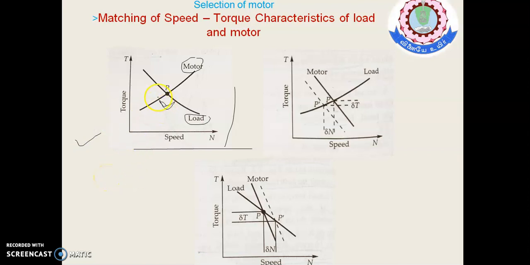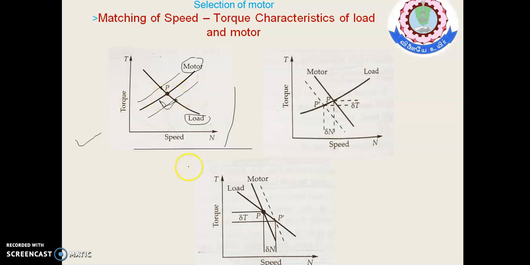Why should this be 90 degrees? Suppose you imagine the motor characteristics slightly vary because of a voltage problem. What will happen? The motor characteristics may move in this direction or that direction, but it won't affect the job. The operating point may be shifted, but it won't affect the load.